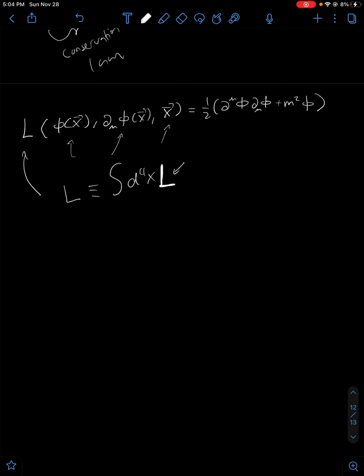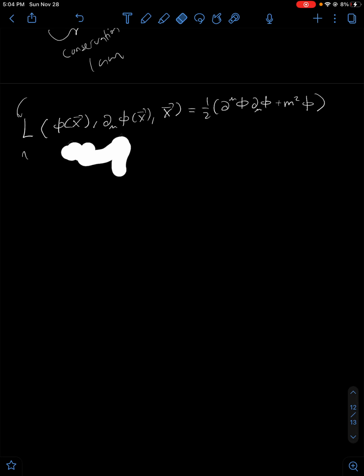So this is the true Lagrangian. Here's the Lagrangian density, and that's what we use over here. There's an Euler-Lagrange equation for the Lagrangian density as well. I'll just call the Lagrangian density the Lagrangian for now, because that's just faster.